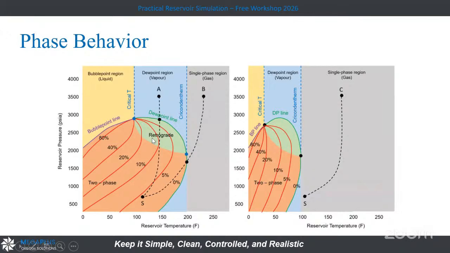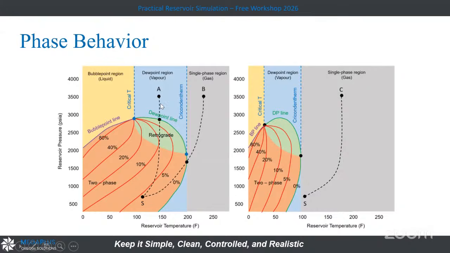We have many types of fluid, like volatile oil or black oil, and on the other side, dry gas, wet gas, or gas condensate. As an example, in this picture, if we have point A here, and we agree that the reservoir is isothermal, this is a gas condensate.